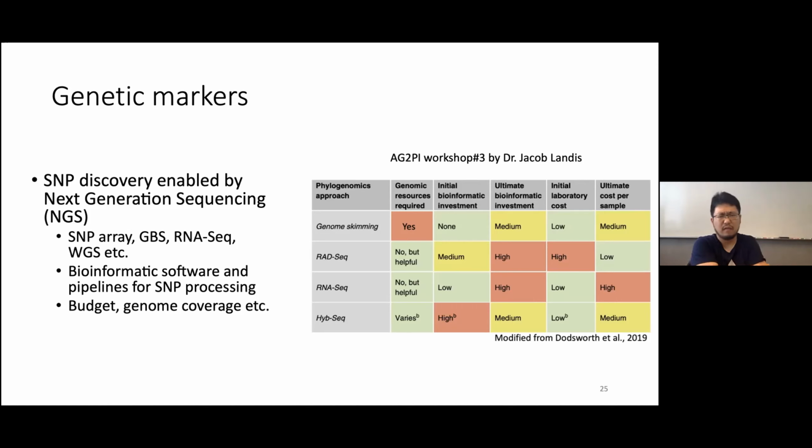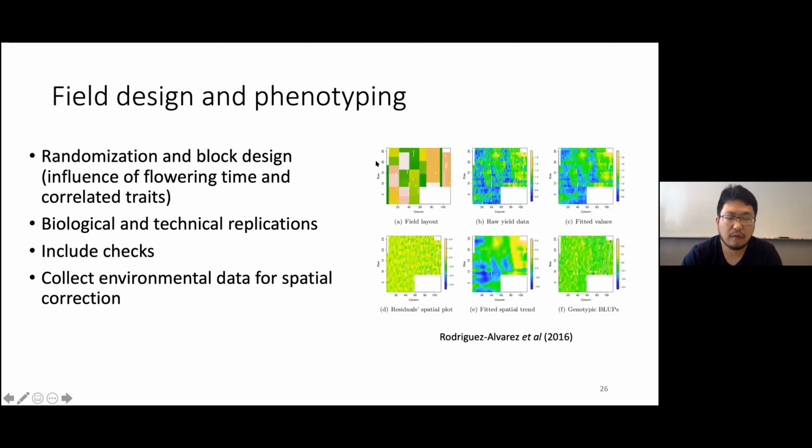There are all types of technology that can generate SNPs you can use as markers: SNP arrays, GWAS, RNA-seq, whole genome sequencing. Each method you choose will have corresponding bioinformatics software or pipelines for processing the SNPs. Also the cost of these technologies varies, and the coverage of them is not all the same.